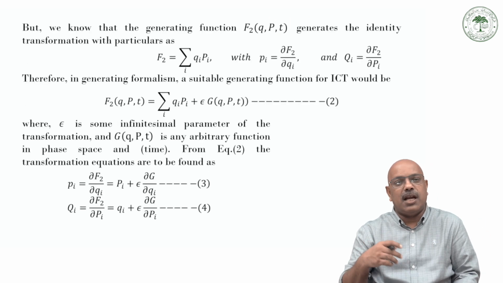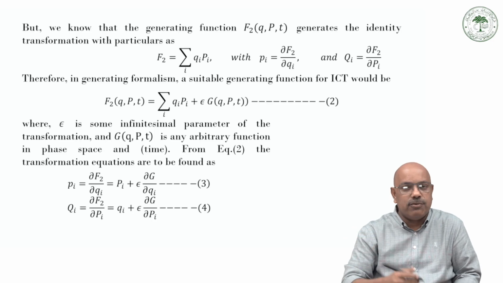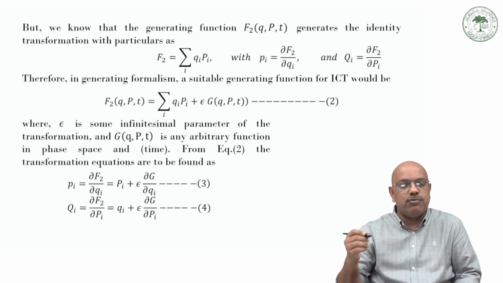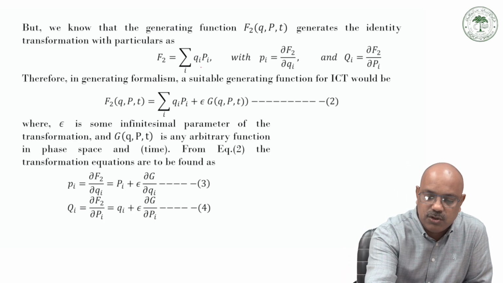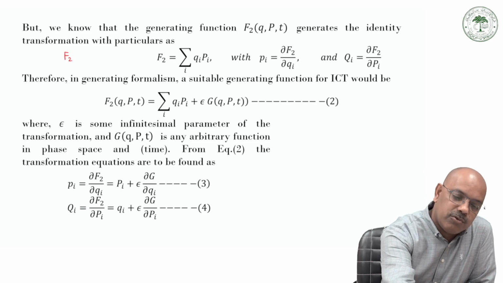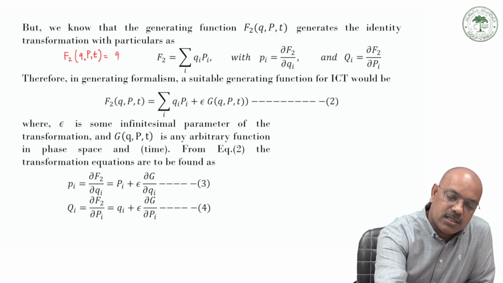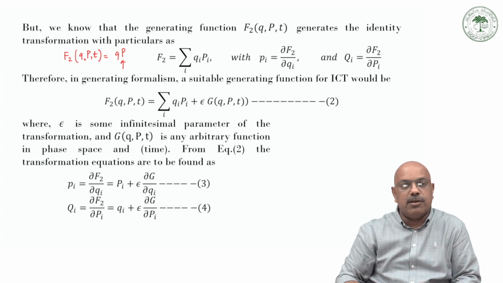So let's suppose the generating function is type 2, F2, which generates the identity transformation, because the F2 generating function is given as this q, P. If you remember, F2 depends upon small q, capital P and t, and if this is qP, then it generates the identity transformation.